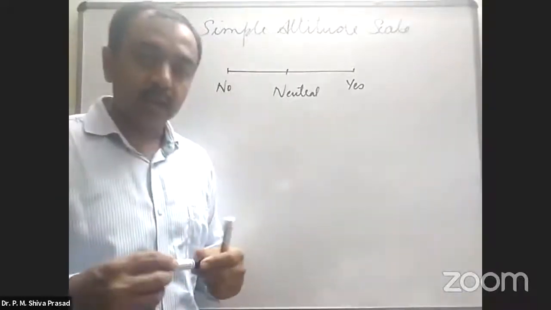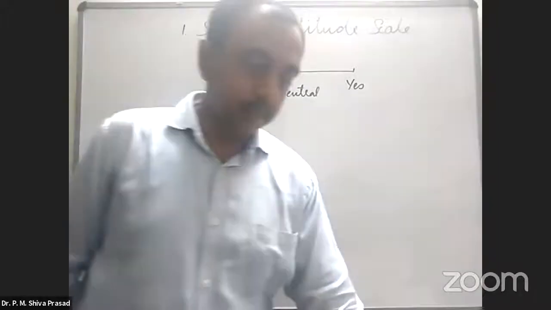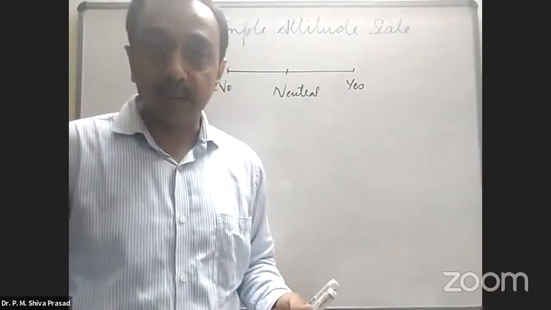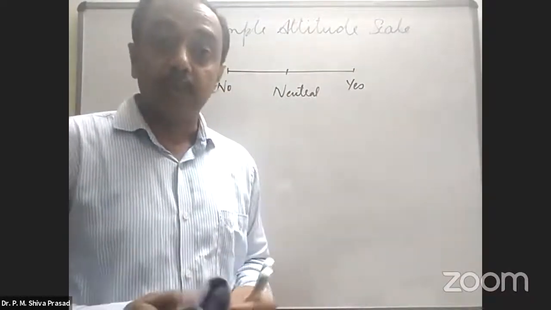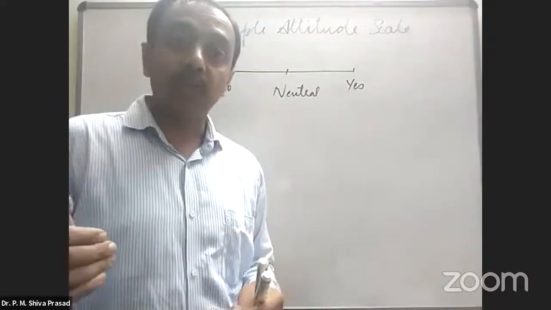This is a simple attitude scale where fewer options are given, probably to segregate the respondents or to know whether the respondent has experience of using the product or not.